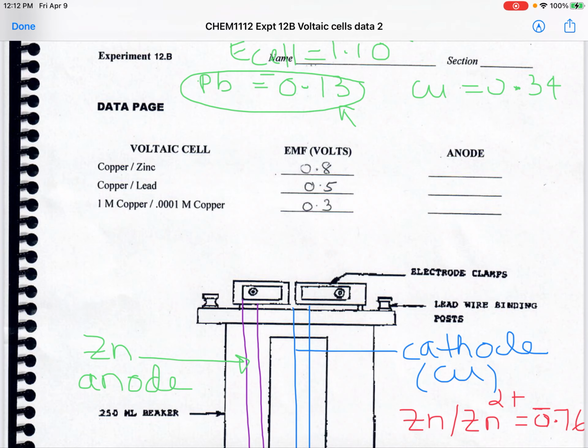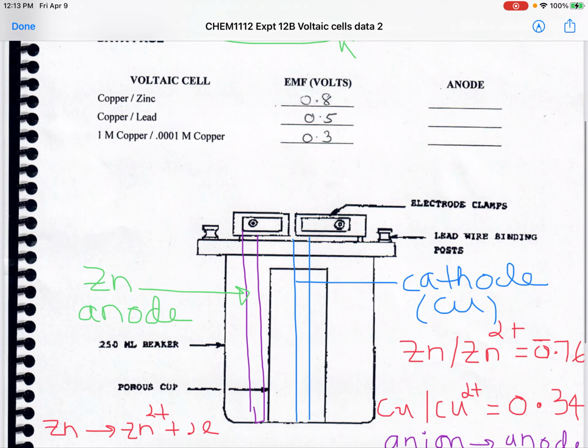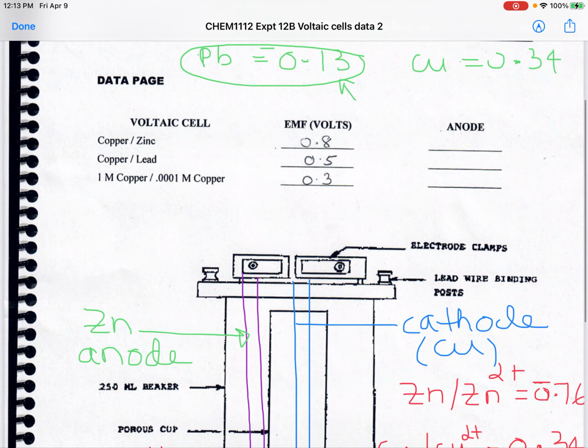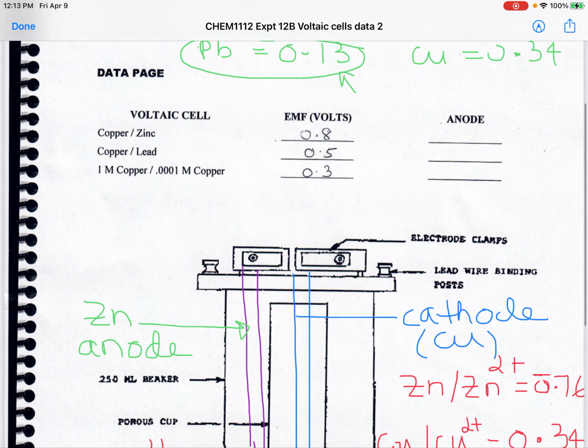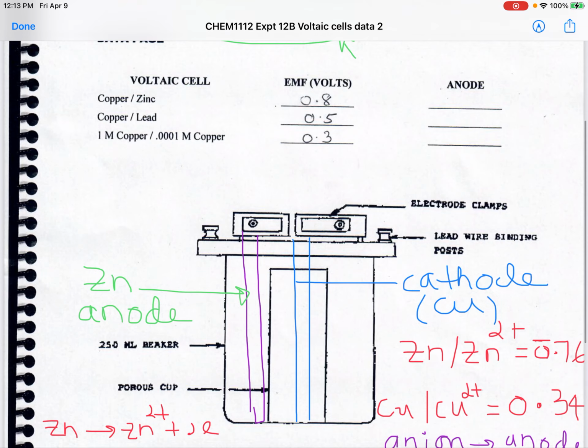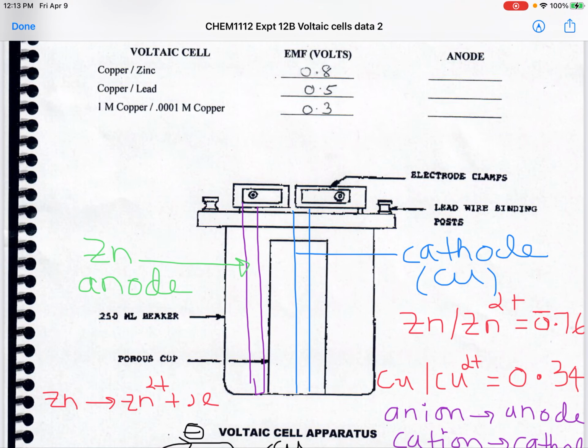One is going to utilize the concentration, and then in the other one, you are releasing more ions to the solution. Okay. So what is happening over here when you have 1 molar copper and 0.001? Let's say both of these electrodes are copper. You have 2 copper electrodes.